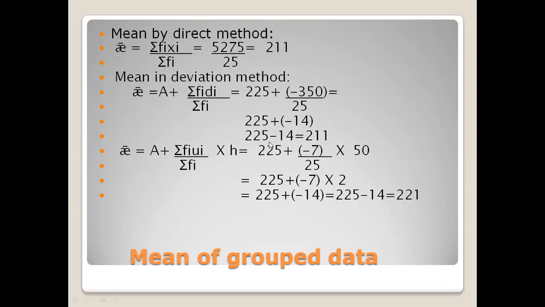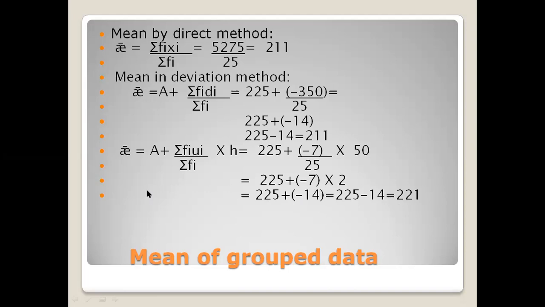I already said you should not touch this 225 until you complete this calculation part fully. So 25 and 50, both are in the 25 table. 25 ones are 25, 25 twos are 50. So in the next step you write 225 plus minus 7 into 2. Minus 7 into 2 is minus 14. So 225, plus into minus is minus, so 225 minus 14 is 211. In this way, you have to find the mean in all the three methods.